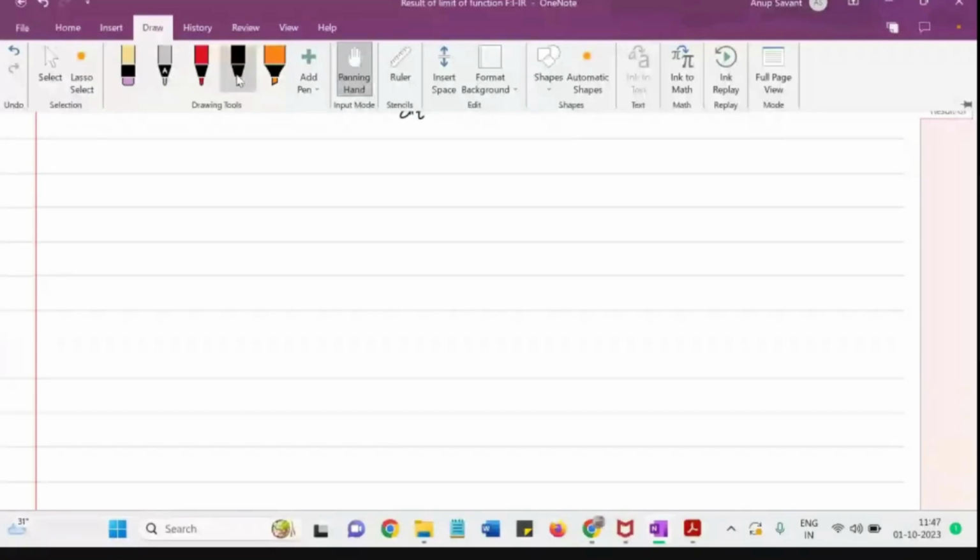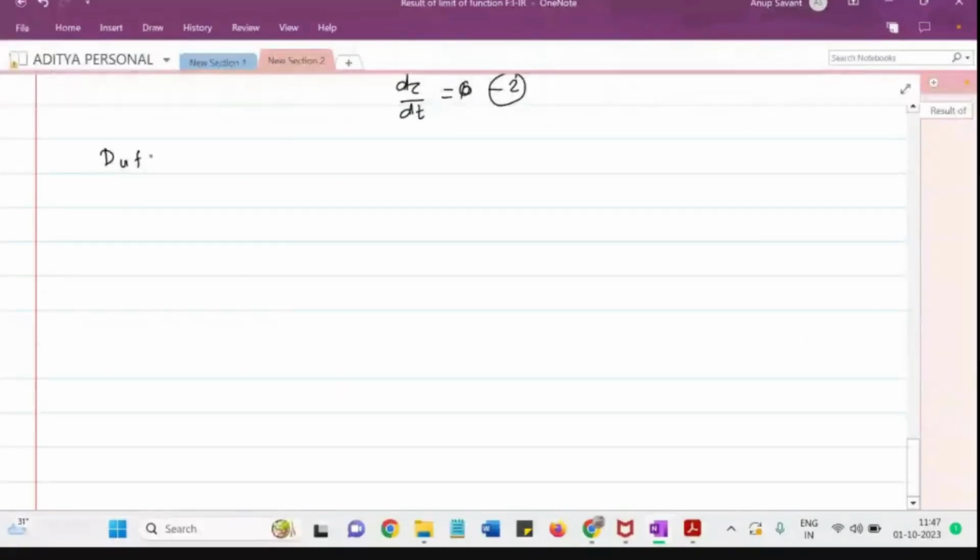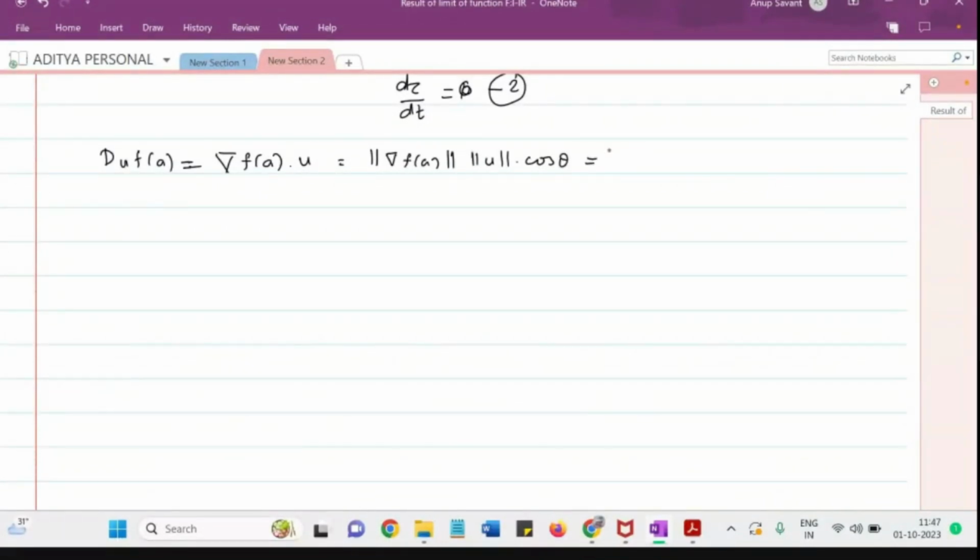So D_u f at A is basically given by the dot product of grad f of A with u. Okay, so by the formula of a dot product, this is equal to norm of grad f of A times norm of u times cos theta. Norm u is 1, so this will simply turn out to be norm of grad f of A times cos theta. Now this will be maximum if cos theta takes its maximum value, and the maximum value of cos theta is 1.